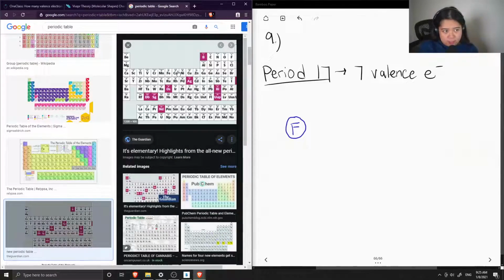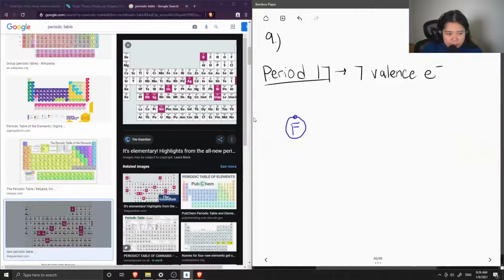The atomic number tells us how many protons are in the atom, and if we had a neutral fluorine atom, then we would have the same number of electrons as we do protons. So therefore, we have 9 electrons in a neutral fluorine atom.